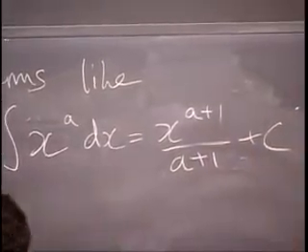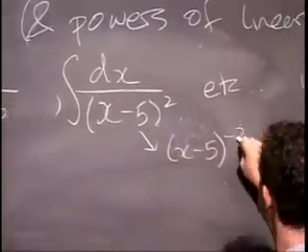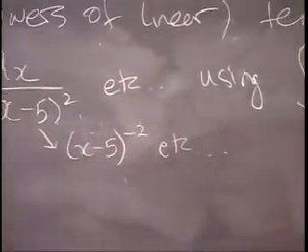Remember, of course, to write this as x minus 5 to the power minus 2, etc. So that's fairly straightforward. You don't really need to, that's just substitution. But you don't even need the substitution because the derivatives are the same. X plus 3 has derivative 1.